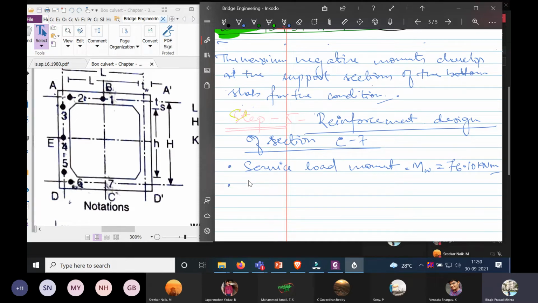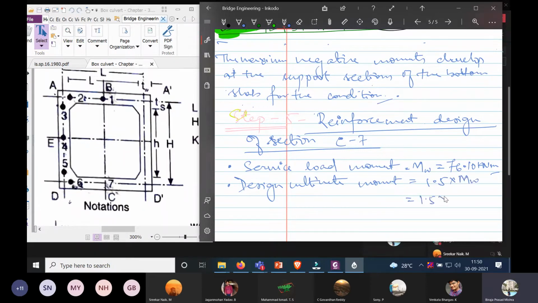In order to calculate the design ultimate moment, the design ultimate moment equals 1.5 into MW.